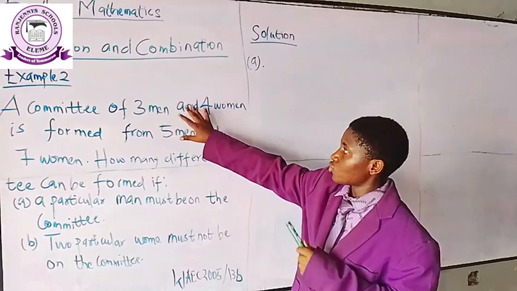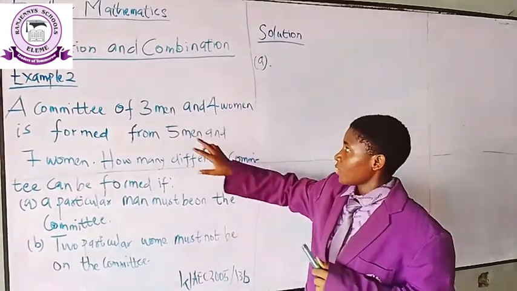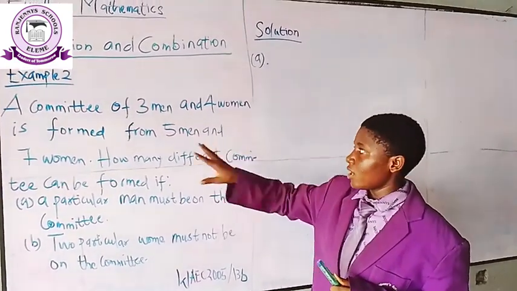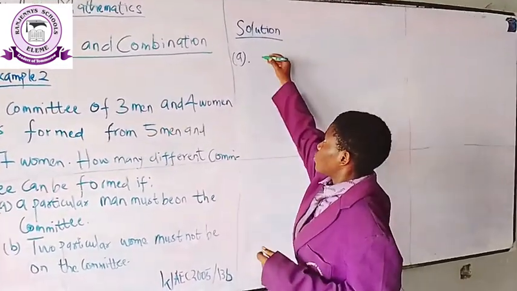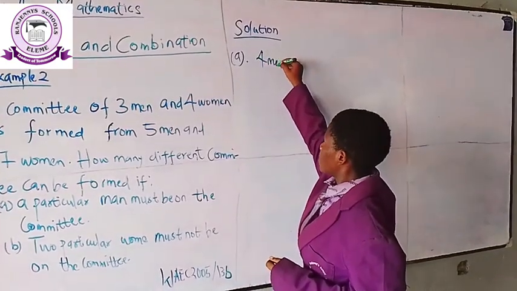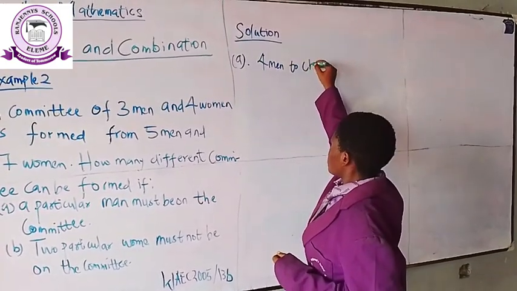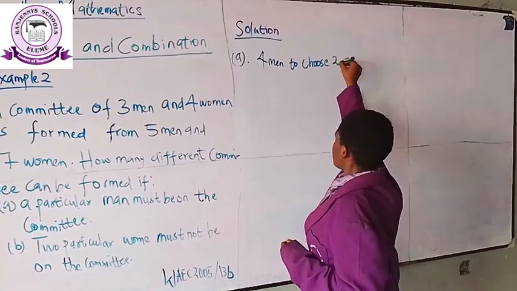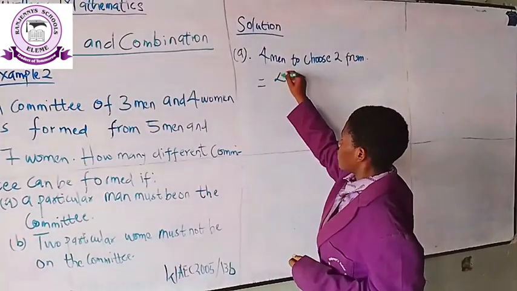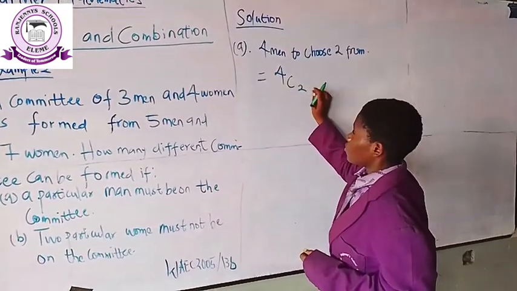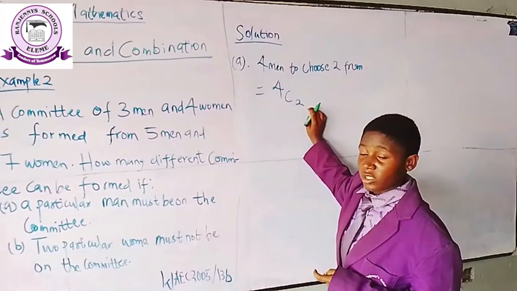So 4 men to choose 2 from, equals 4 combination 2. This is for the men.